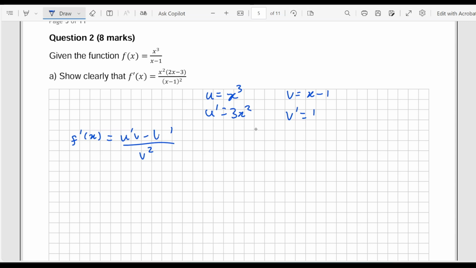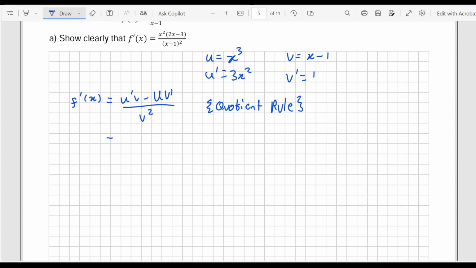And then this is the quotient rule. So since it's a show that question, please actually say what you're doing. This is going to be 3x squared is u dash, lots of x take 1, take x cubed times by 1. And it's going to be x take 1 squared on the bottom.